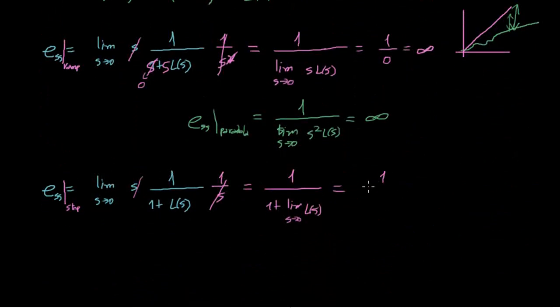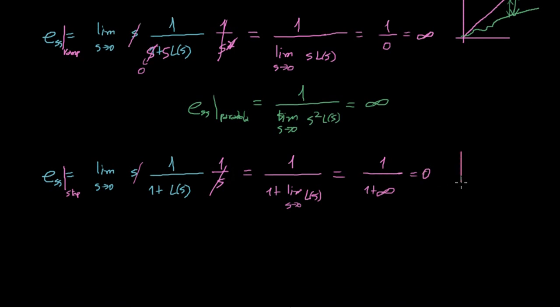So this is 1 over 1 plus infinity, and this is 0. So there's no steady state error, and the system perfectly tracks the step. After the transient response, the system tracks perfectly the input.